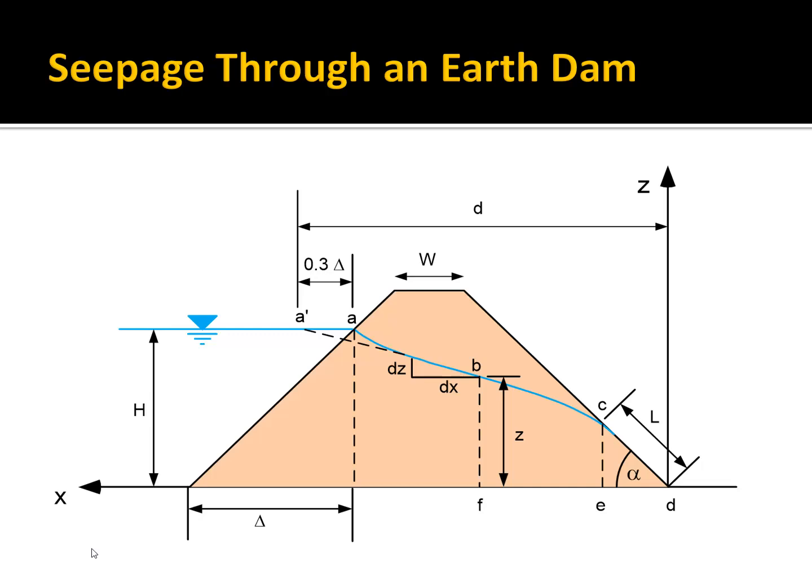So that's part of our discussion here. Another part is this distance. Based on this assumption as a parabola, this distance all the way back here is D. And we'll come back to that a little later.